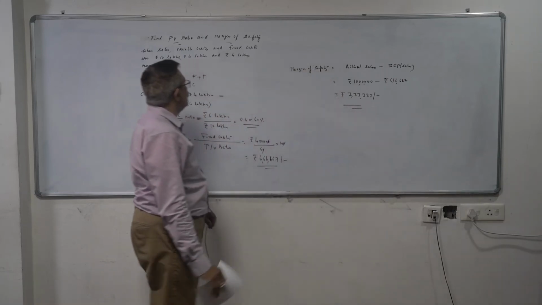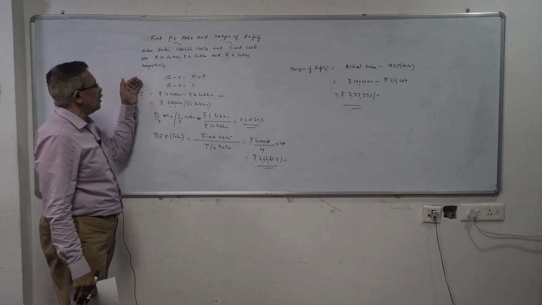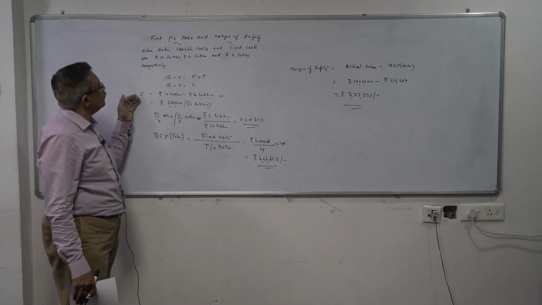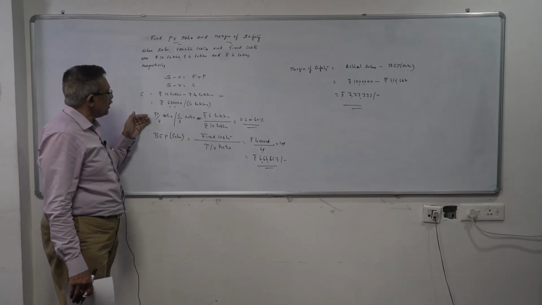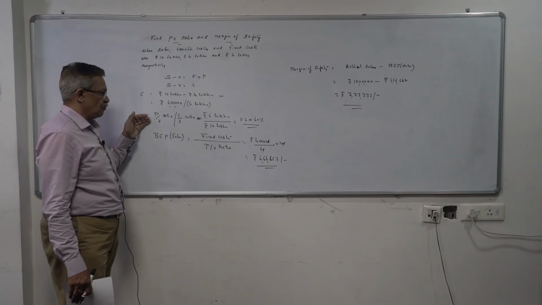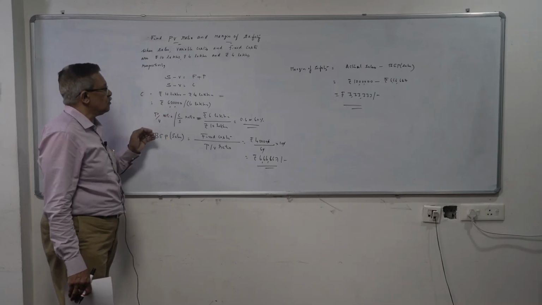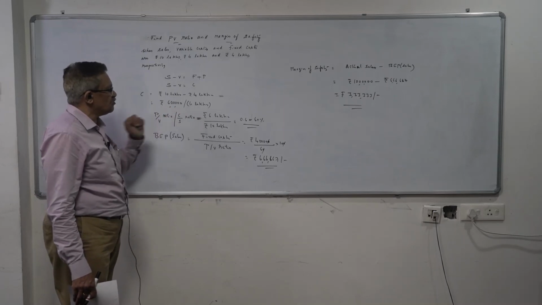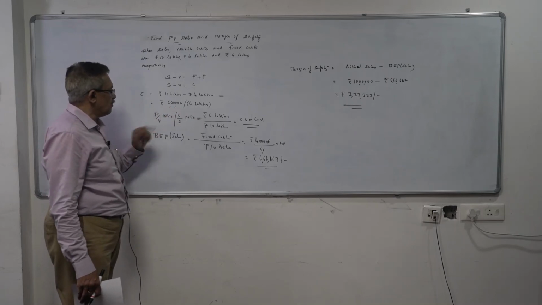So let me repeat. I am trying to find out the contribution margin. Then through this I'll be able to find out the PV ratio. PV ratio is nothing but the C by S ratio. So we have the information with regard to C and with regard to sales, so we got the PV ratio.